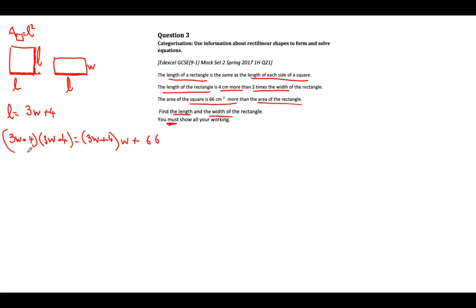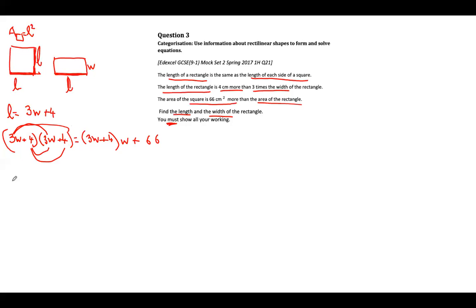We have a double bracket expansion here, and a single bracket expansion. So why don't we expand? To expand double brackets, the first term of the first bracket multiplies each term of the second bracket, and the second term of the first bracket multiplies each term of the second bracket.